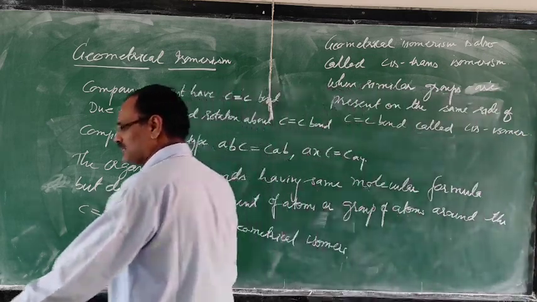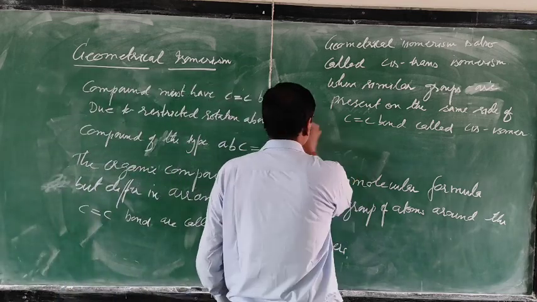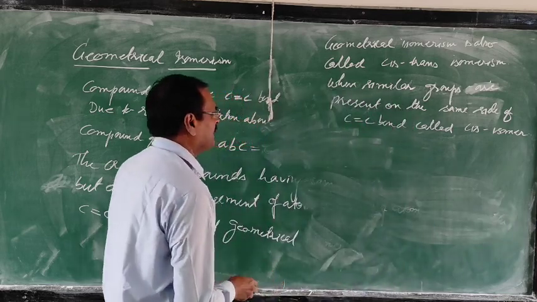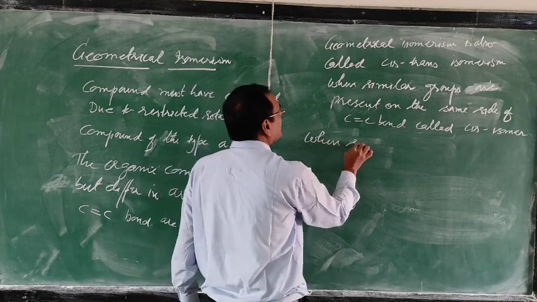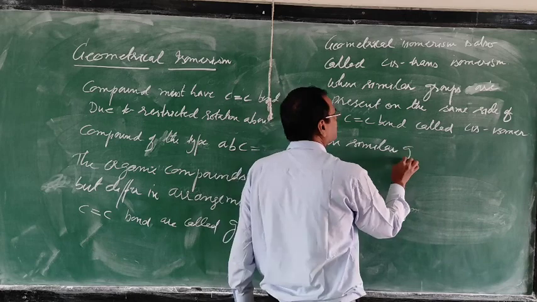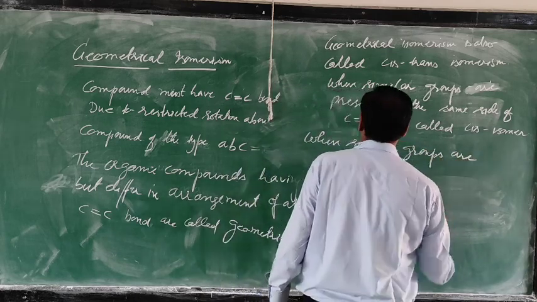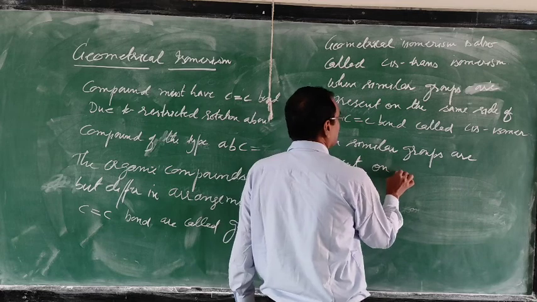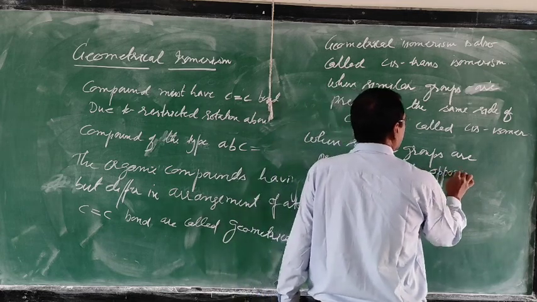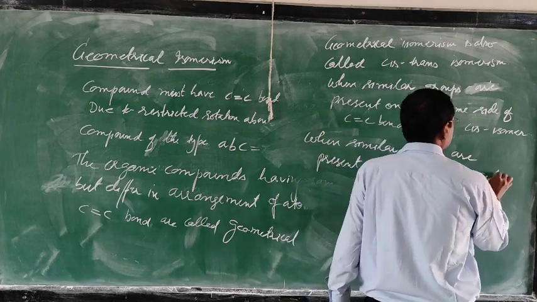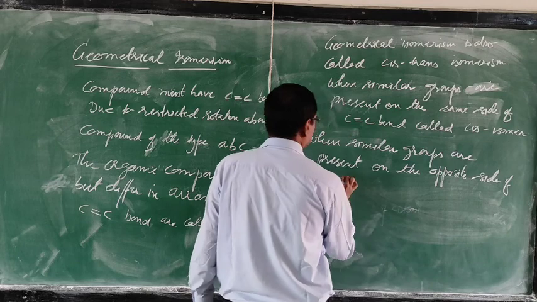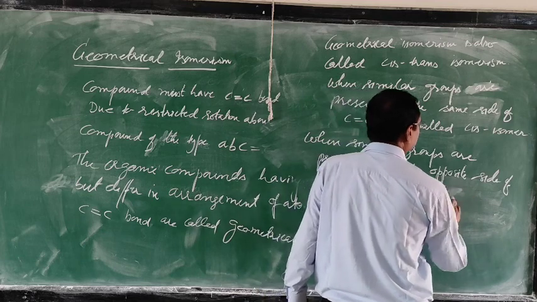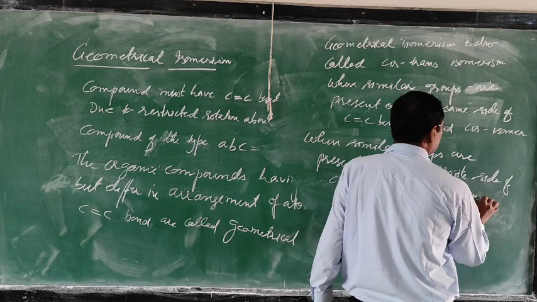When similar groups are present on the opposite sides of the carbon-carbon double bond, it is called the trans isomer.